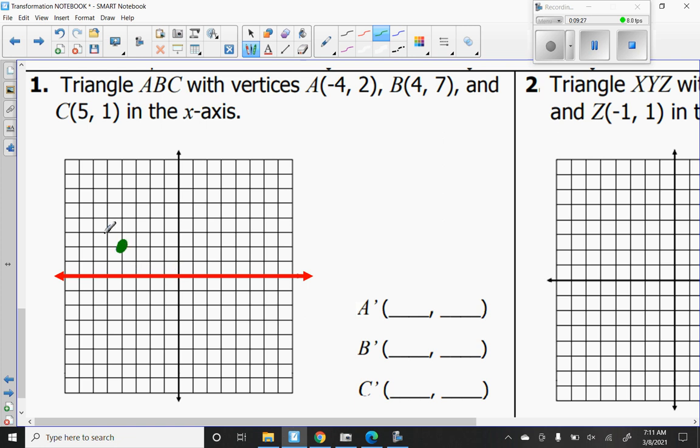There's my A. 4, 7. 1, 2, 3, 4, 5, 6, 7. There's my B. And then C is 5, 1. 1, 2, 3, 4, 5, 1. And you should make a triangle with this.